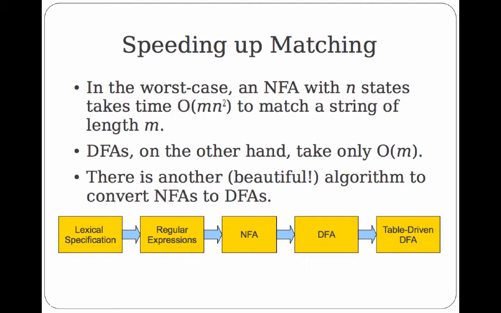Those regular expressions are converted into a non-deterministic finite state automaton in the way that I've already shown you. And then in a tool like JFlex, the NFA is converted into a DFA, and the result is a piece of code that essentially simulates a table-driven deterministic finite state automaton.